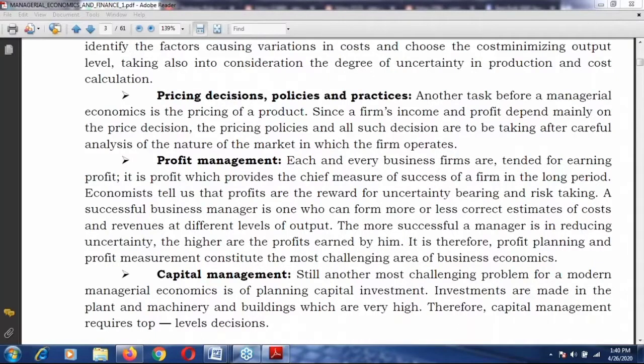This method is based on assumption the old product. So be taken into consideration while forecasting the demand for it.